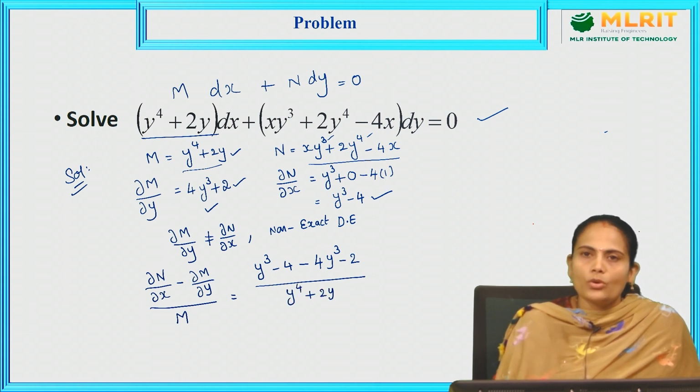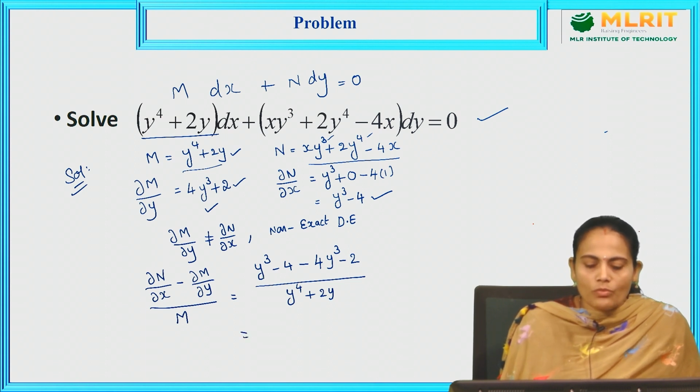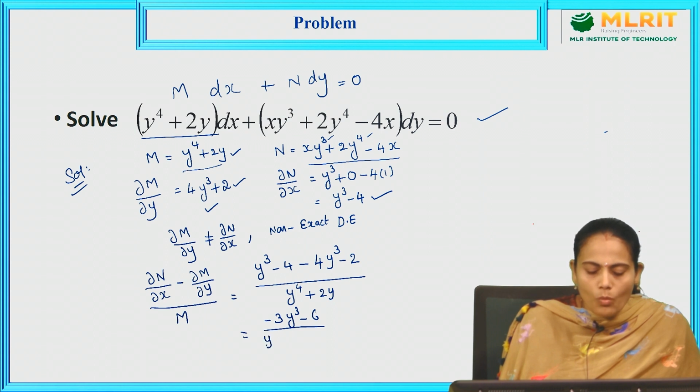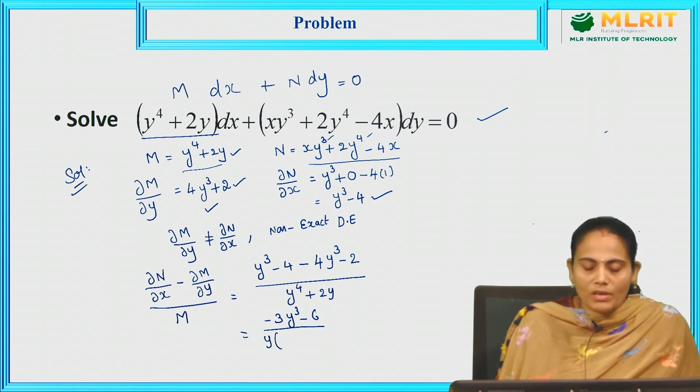Now we are going to do the simplification, to see whether we get only a function of y or constants. This is equal to y cube minus 4y cube, which is minus 3y cube, minus 4 minus 2 is minus 6, divided by, in the denominator, taking y common, y into y cube plus 2.